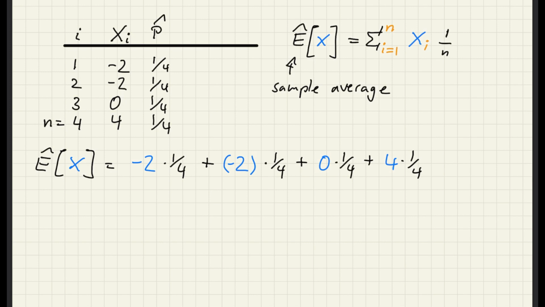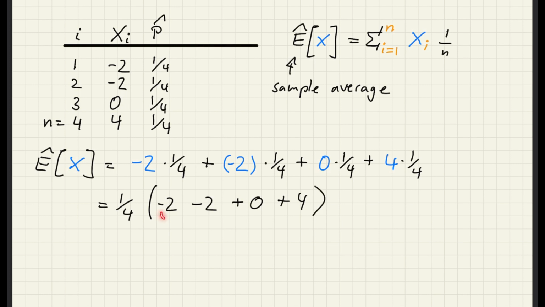Now we could just compute the numerical value of this sum, but let's not do that. Instead, let's realize that we have the 1 over 4 here for every term in the sum, so we may as well write 1 over 4, and then in parentheses -2 plus 0 plus 4.